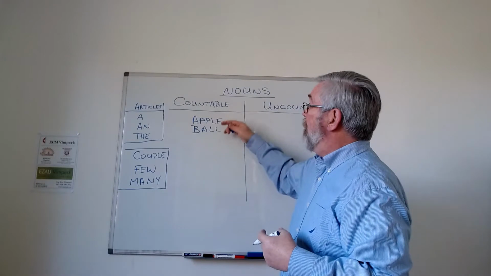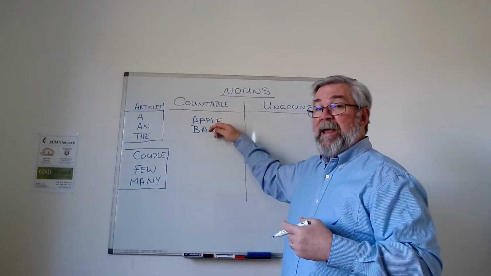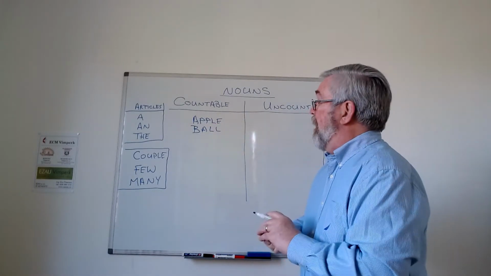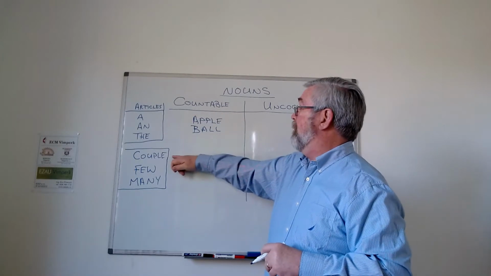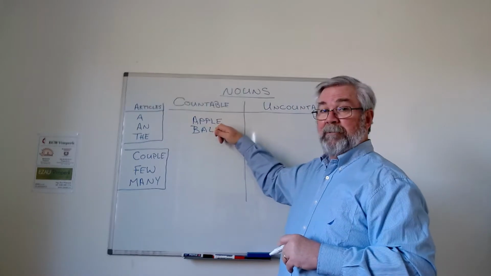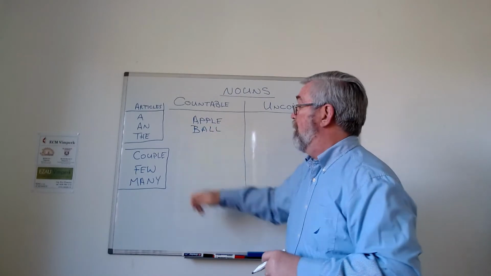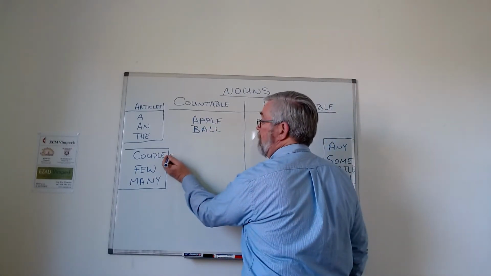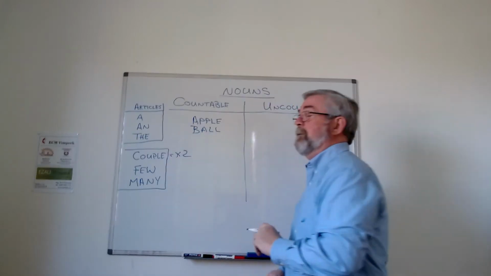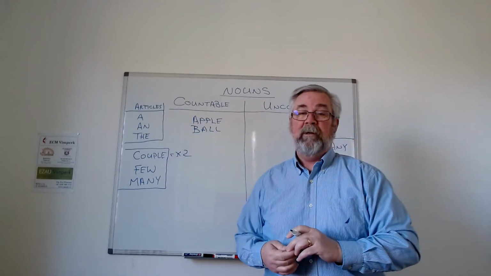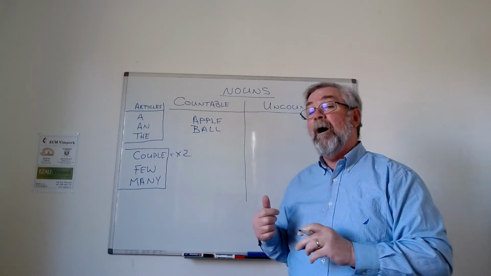So they are countable. I have 8 apples. Now, we also have a couple of apples. A couple of apples equals 2. We always say a couple.